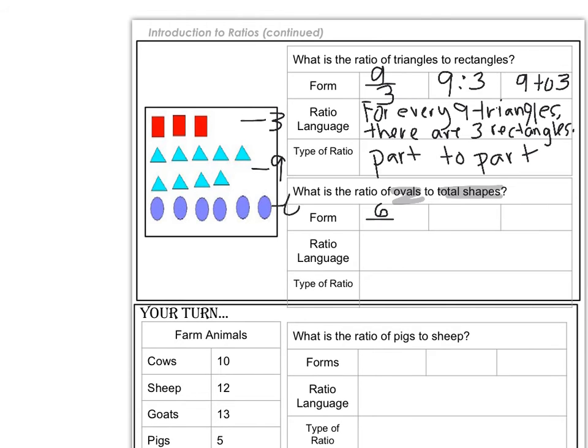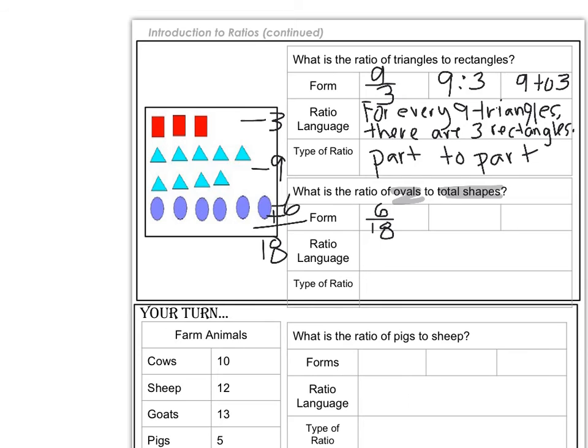And there's 6 ovals. So we're going to add all those together. 9 plus 3 is 12. And 12 plus 6 is 18. So it's 6 over 18. Now, some of you might be thinking this is not simplified, and we could definitely simplify this. Tomorrow in our lesson, we're going to be focusing on simplifying our ratios. So for now, we'll just leave it as it is.